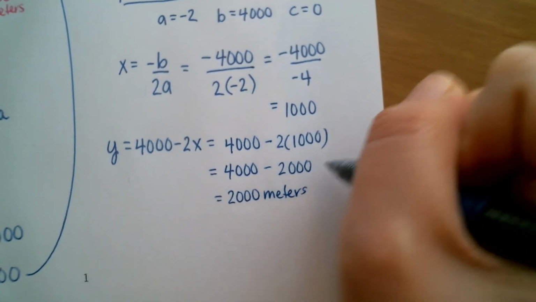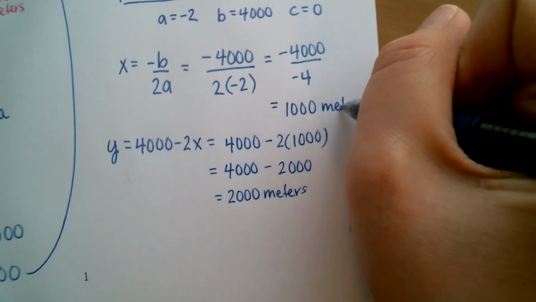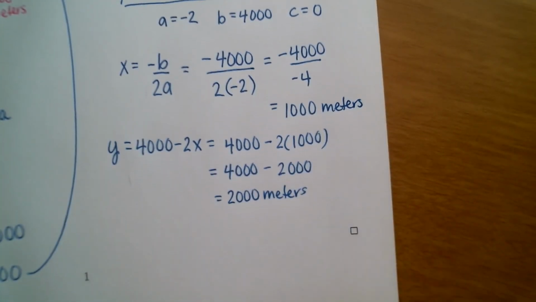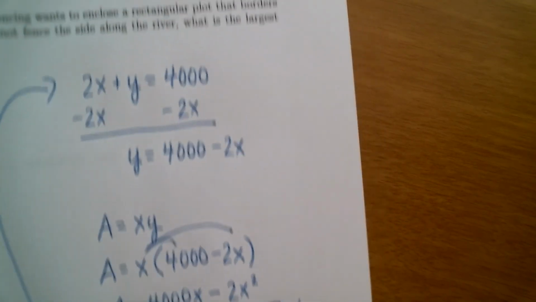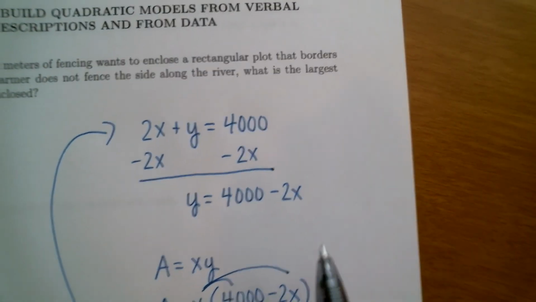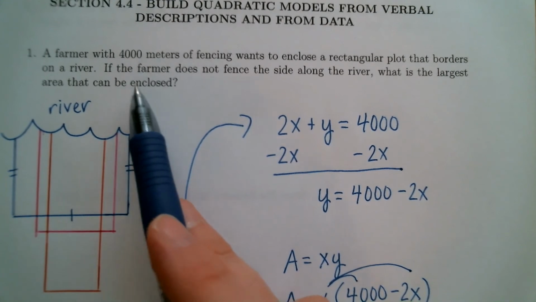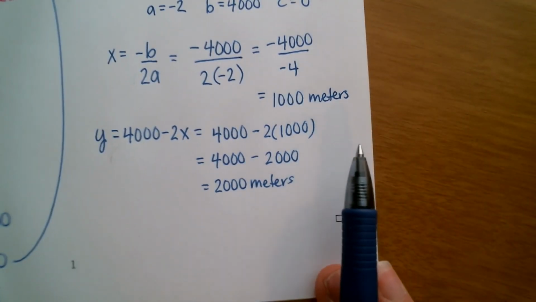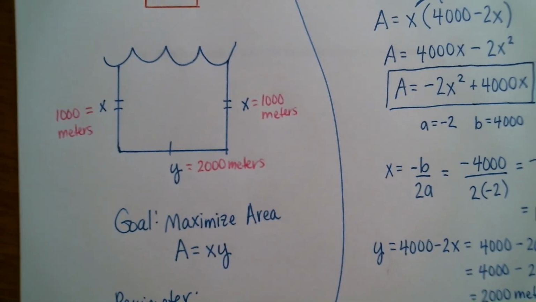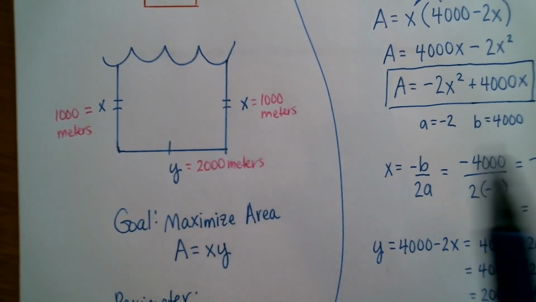When it's a word problem like this, in some kind of context, you really need to use the correct units when answering your question. Believe it or not, this is still not the answer to the question. The question asked, what is the largest area that can be enclosed? 1,000 and 2,000 are not area numbers. They are dimensions of this enclosure.